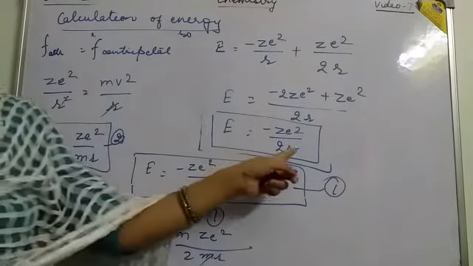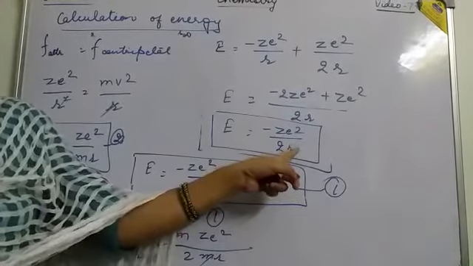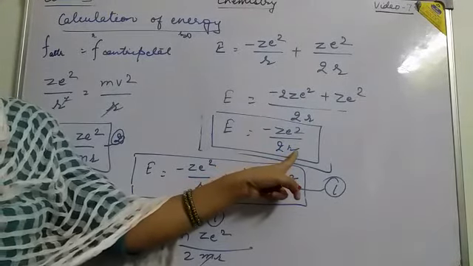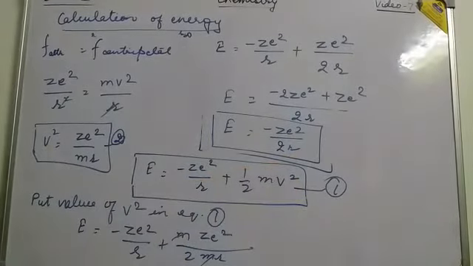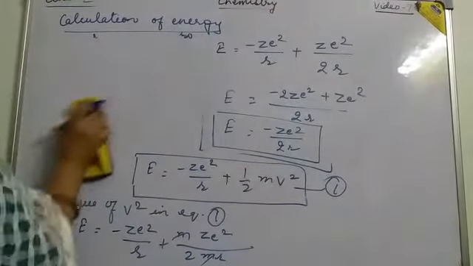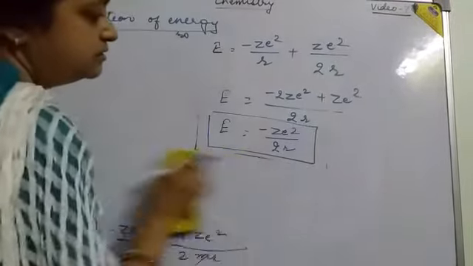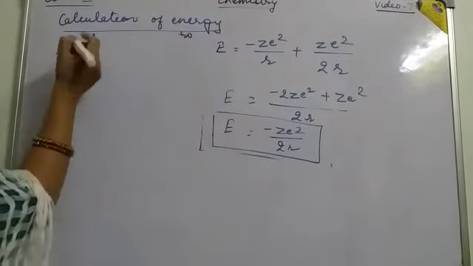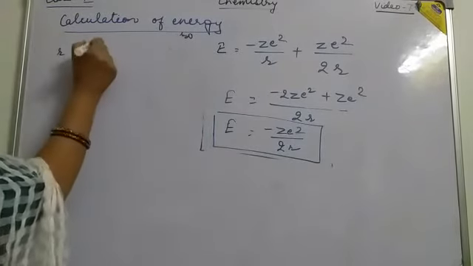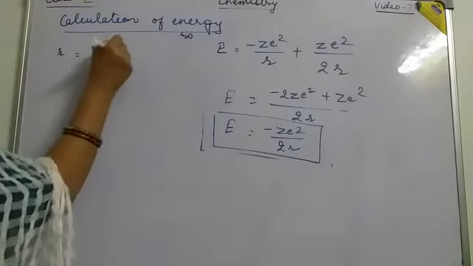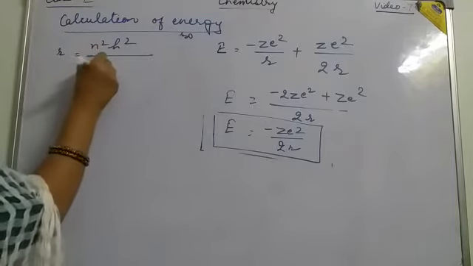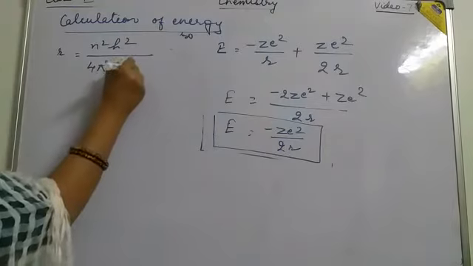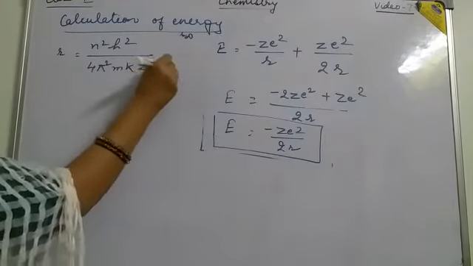Now we can calculate another type, like R. We know from the radius calculation that R is equal to n square h square by 4 pi square m k Z e square.